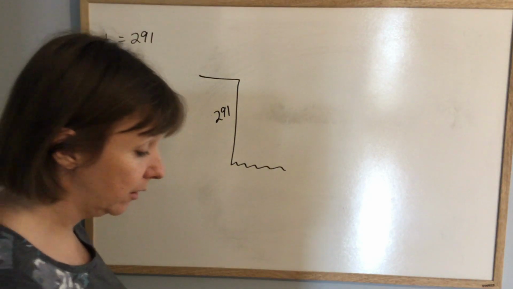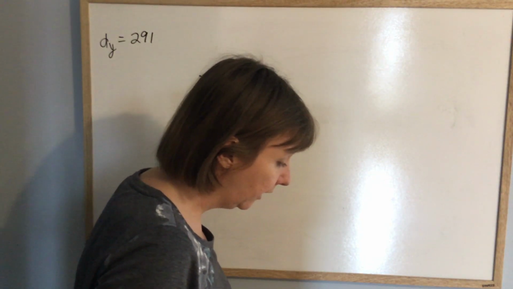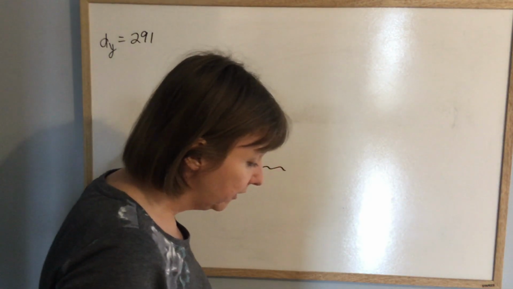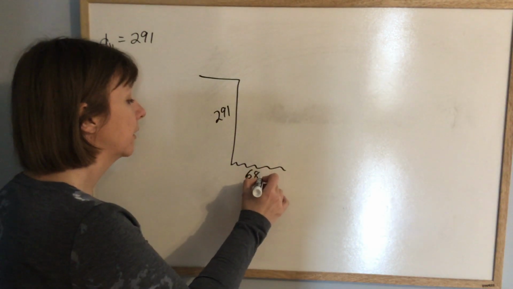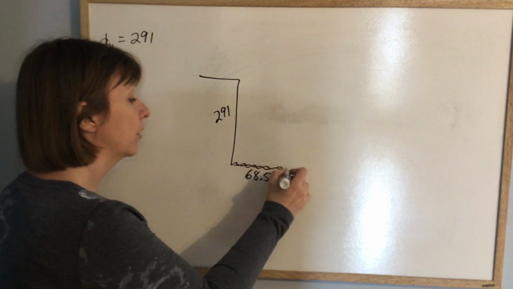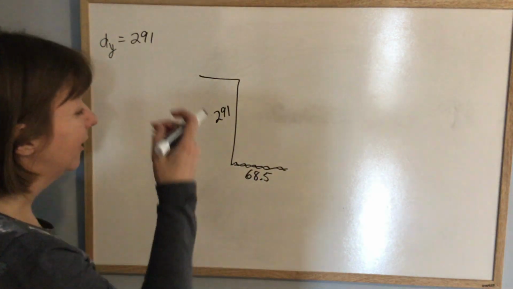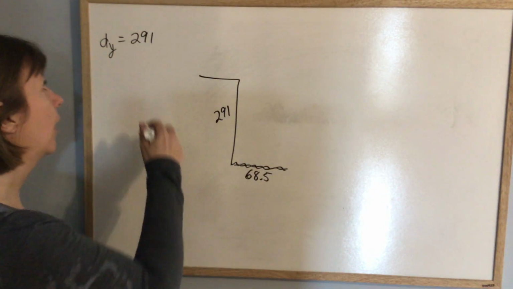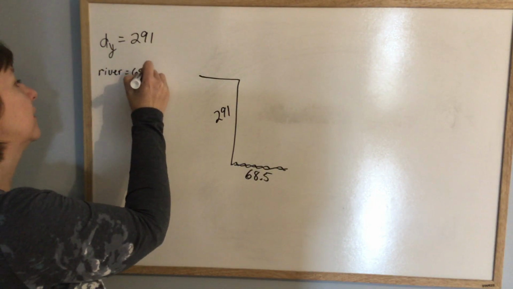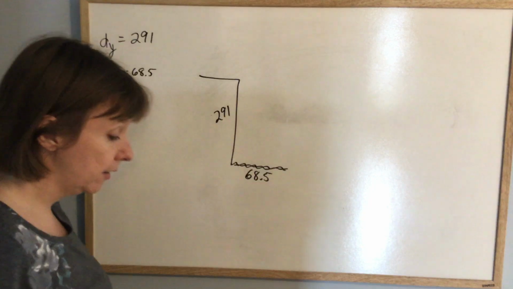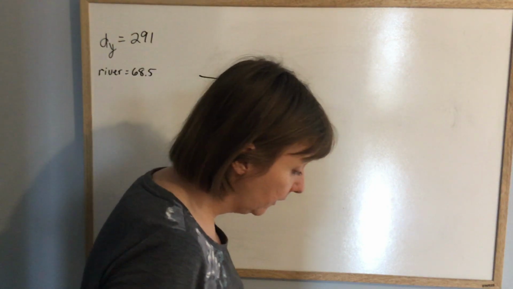That's the information I'm getting from that. Now, the river is 68.5 meters wide. That's a horizontal distance, right? I'm just going to put river is 68.5. You'll see why in a minute.